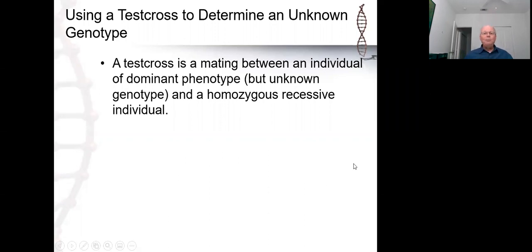So there is one more genetics concept that we need to talk about as far as Mendelian genetics is concerned before we can go on and talk about other inheritance patterns that are related to Mendel's observations, but not specifically Mendelian. And that is the notion of what we refer to in modern genetics as a test cross. Why would we need a test cross?